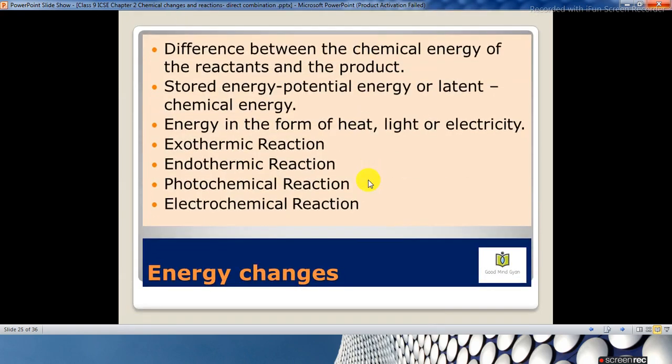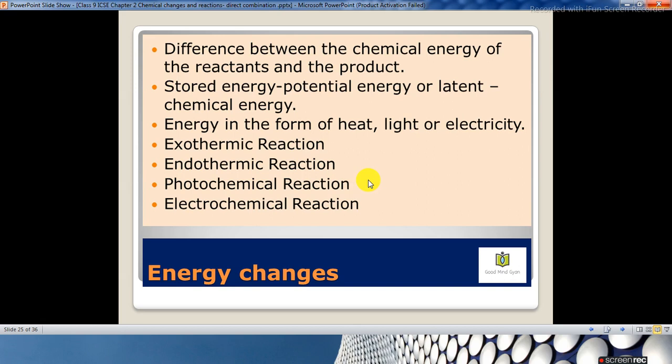Next comes the energy changes. What are energy changes, children? Energy changes in a chemical reaction or chemical change are the differences between the chemical energy of the reactants and the products. You have different types of energy, like stored energy, which is called potential energy. It is also called latent energy, or chemical energy.